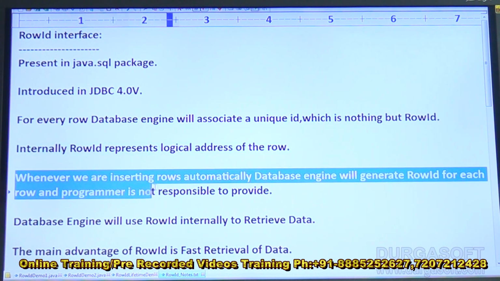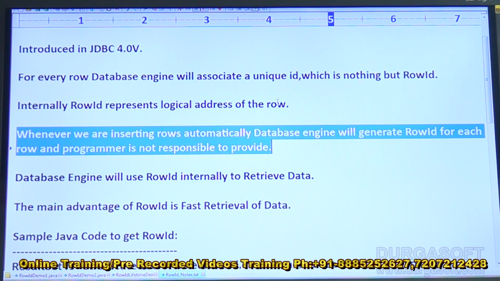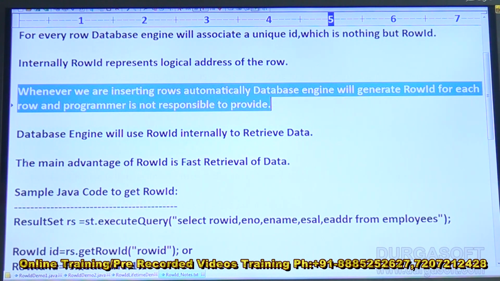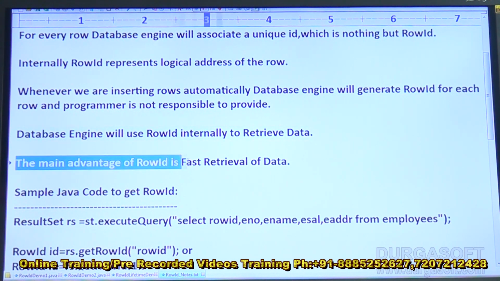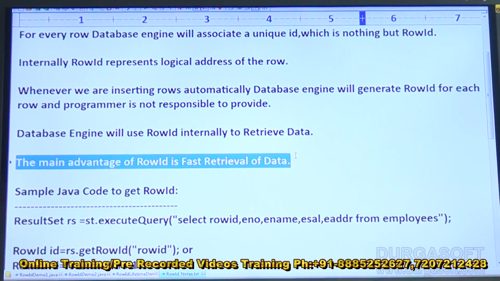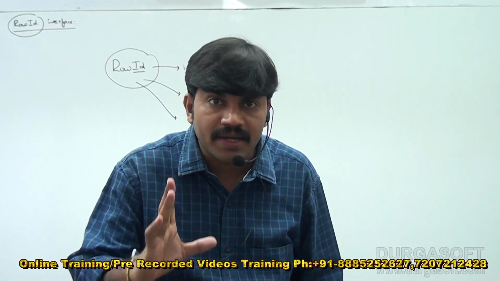Whenever we insert rows, the database engine automatically generates a row ID for each row, and the programmer is not responsible for providing it. The database engine uses the row ID internally to retrieve data. The main advantage of row ID is fast retrieval of data. Clear for all of it? Okay, that's all. This is the basic idea of what row ID is.